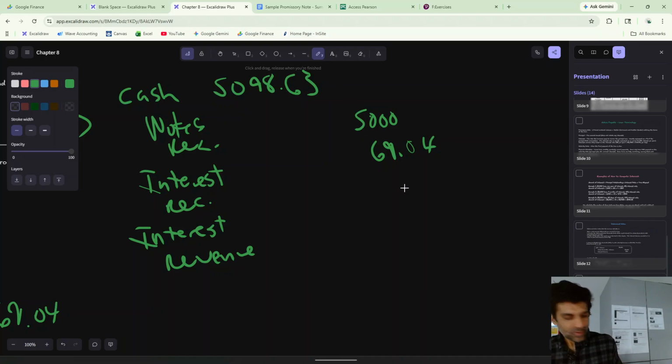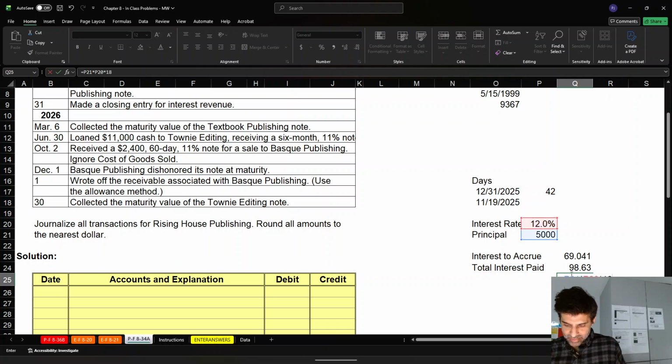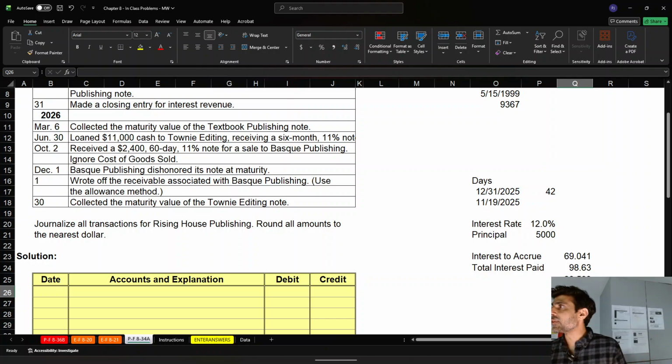We could go back to this Excel sheet and do a calculation like this: 5,000 times 12% times 18 divided by 365. But really, this plus this should be $98.63. So it is. We could have also done it a different way by taking the total minus what we accrued. It will give us the same result.